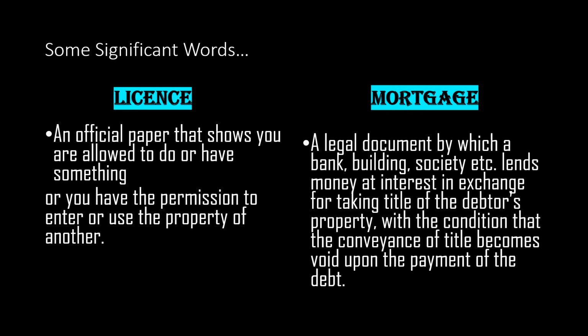What is a license? A license is an official paper that shows you're allowed to do or have something. Or, in other words, you have the permission to enter or use the property of another. Fine. Then what is a mortgage? A mortgage is a legal document by which a bank, building society, etc. lends money at interest in exchange for taking title of the debtor's property, with the condition that the conveyance of title becomes void upon the payment of the debt.